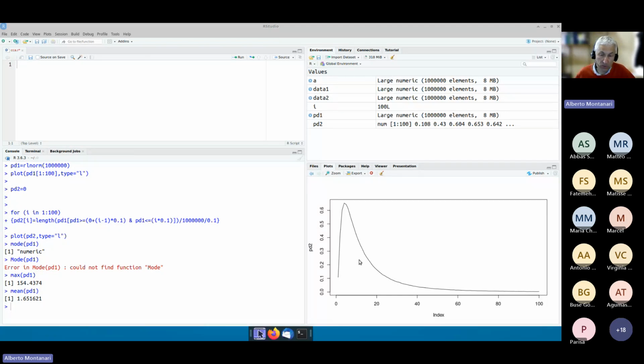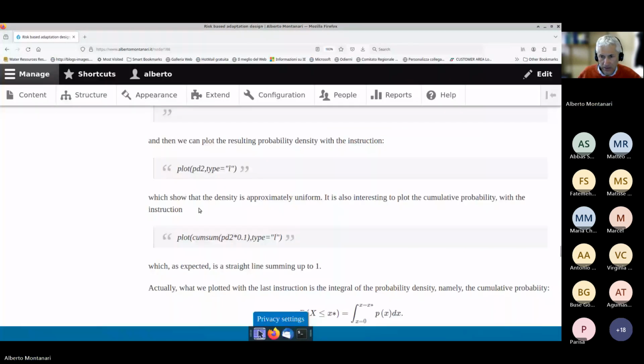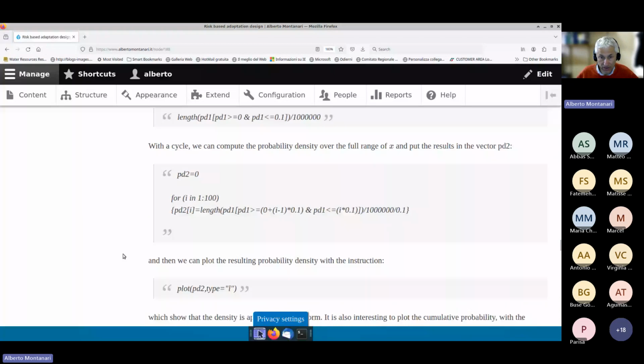Let me go back to the website here. This is the plot instruction. Now, it is also interesting to plot the cumulative probability. How can we estimate the cumulative probability? Look at how the density is defined.